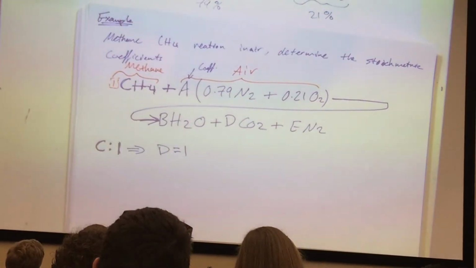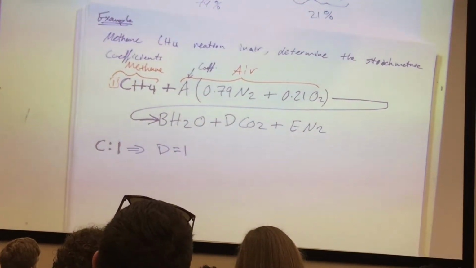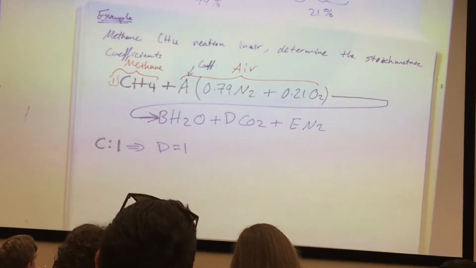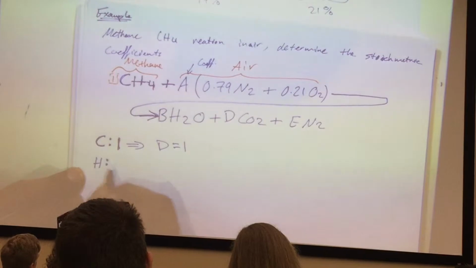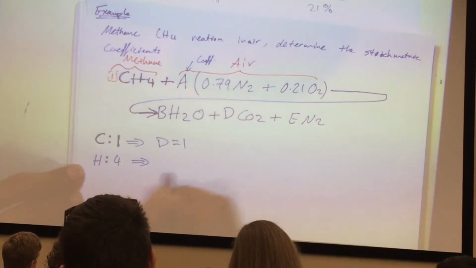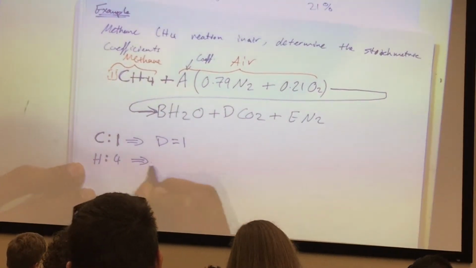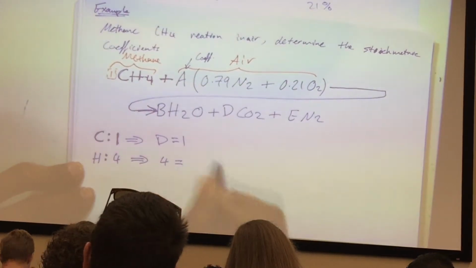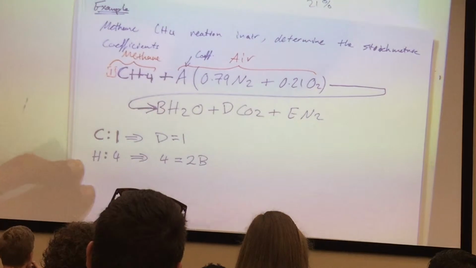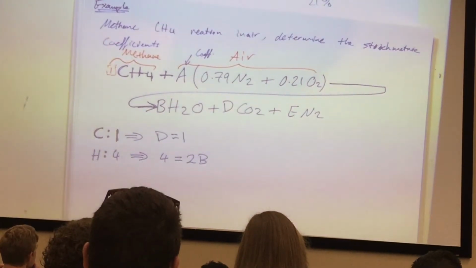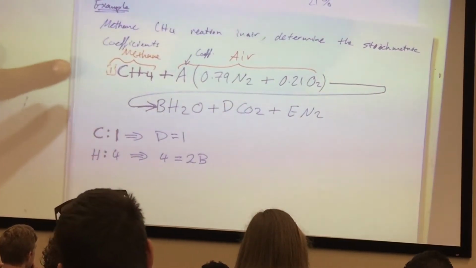Very straightforward. Hydrogen. How much am I putting in? 4. So I'm saying 4 is equal to how much here? 2B. Because CH4 is an easy one.